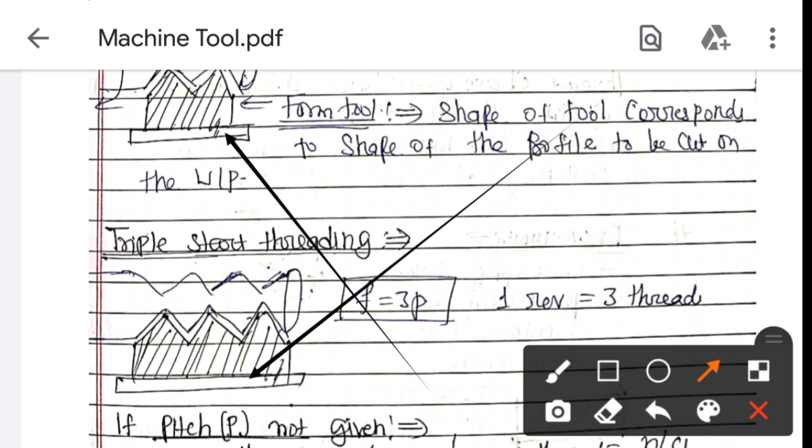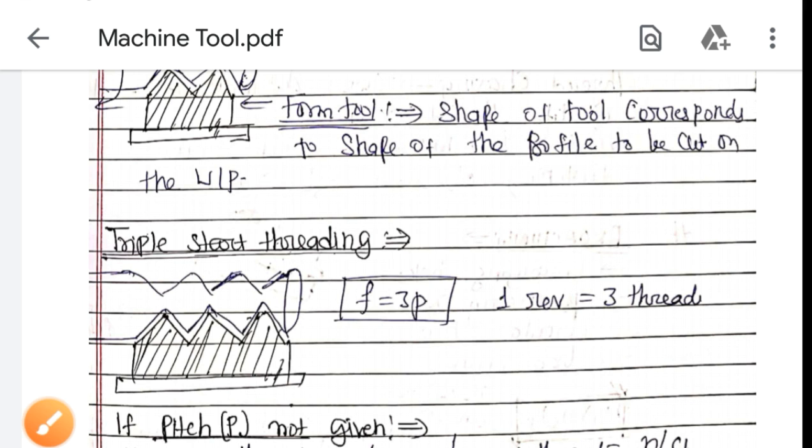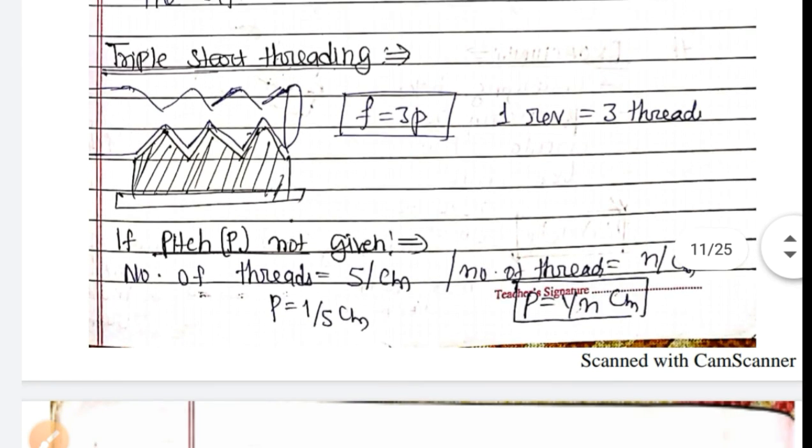So in one go it will cut 3 threads on the workpiece, and for the double start, in one revolution this form tool will cut 2 threads on the workpiece. So this is called the form tool. Here the feed will be 3 times the pitch. For one revolution there will be 3 threads on the workpiece. So this is the meaning of single start, double start and triple start threading.